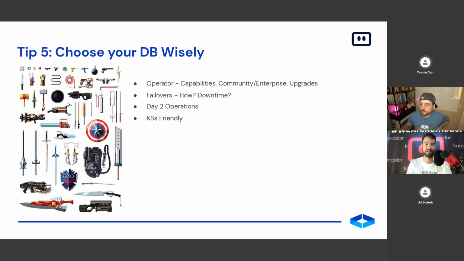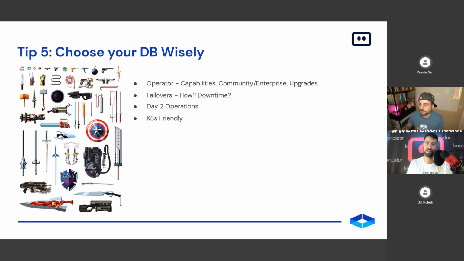So let's move to the next one. The next one is about choosing your database. Choosing your database is not as easy as it seems at first. We have the common ones, and most of them have operators, but operators can vary a lot. They have different capabilities. Some of them can only install, and some of them can do day two operations too.